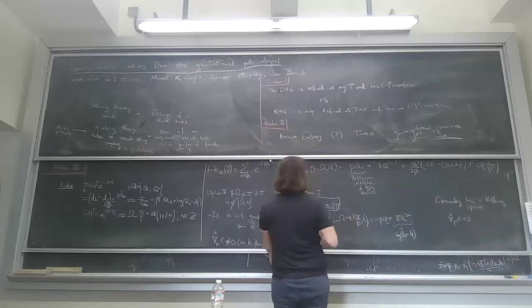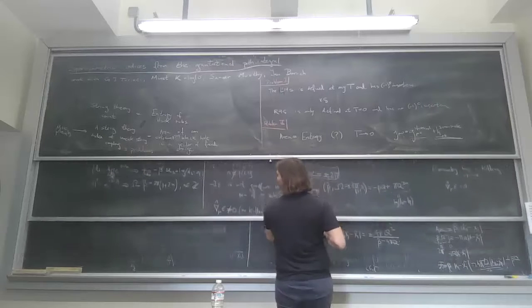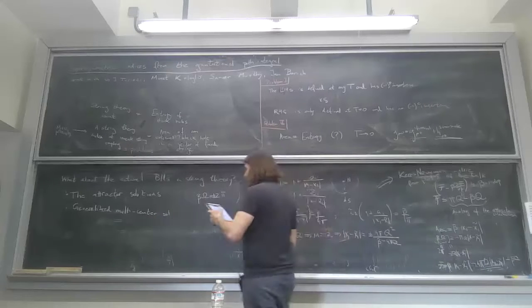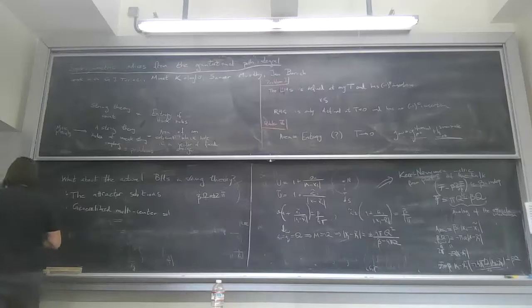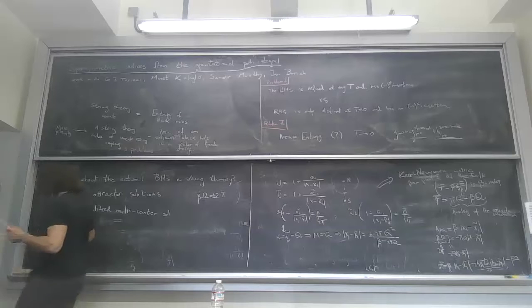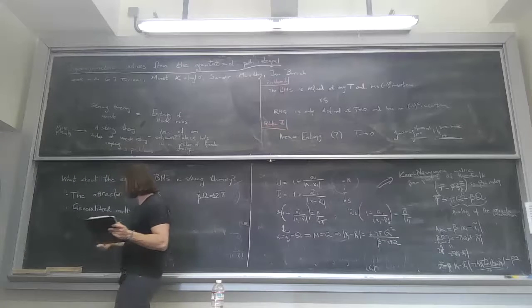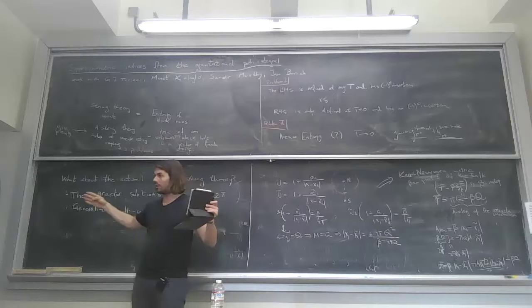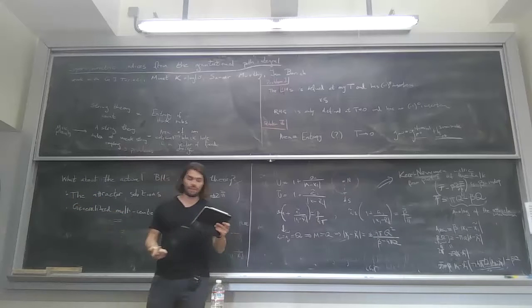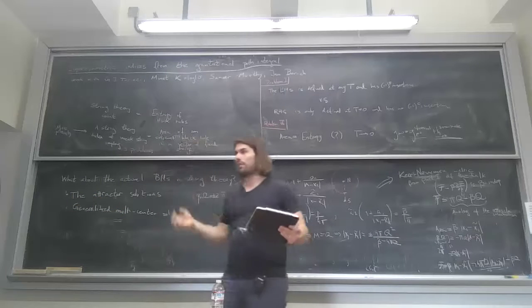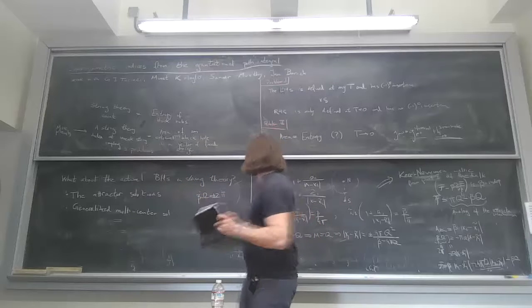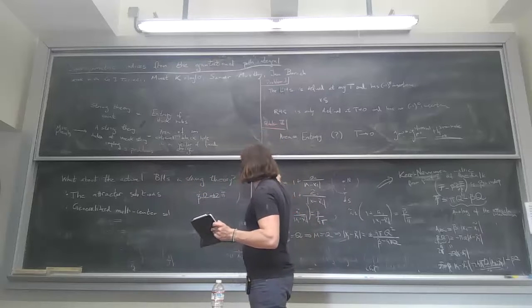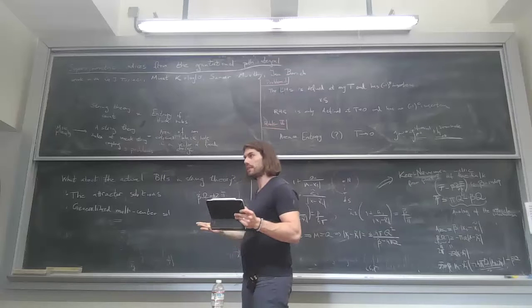Did I erase that equation? Maybe I did. Yeah, there's the smoothness constraint that I wrote down for the multi-center solutions without gauge fields turned on. There's an analog of those equations now in the multi-center geometries that have scalars turned on. And the interesting thing that we find is that as we vary the asymptotic values of the scalars, we lose some of the solutions to the smoothness equations.